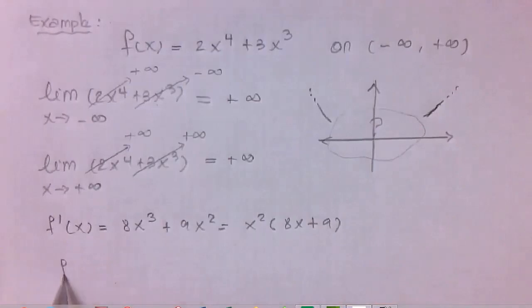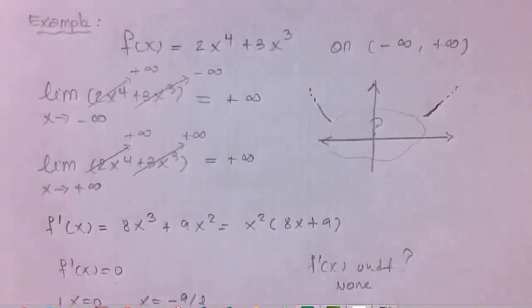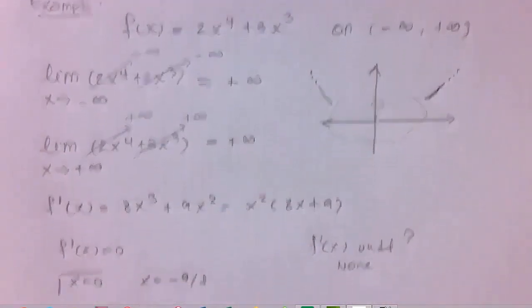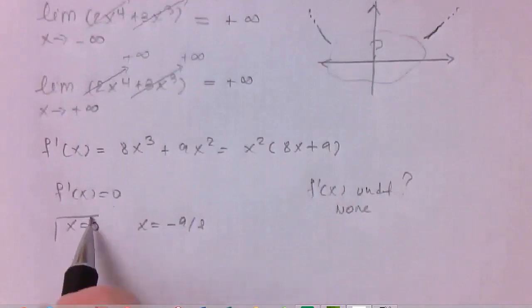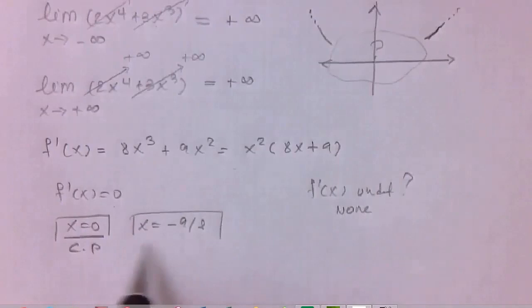And if we make this equal to 0, we're going to find x equals 0 and x equals negative 9 over 8. And are there any values that make this undefined? And the answer is none. Okay, so this is a critical point, and this is also a critical point, negative 9 over 8.